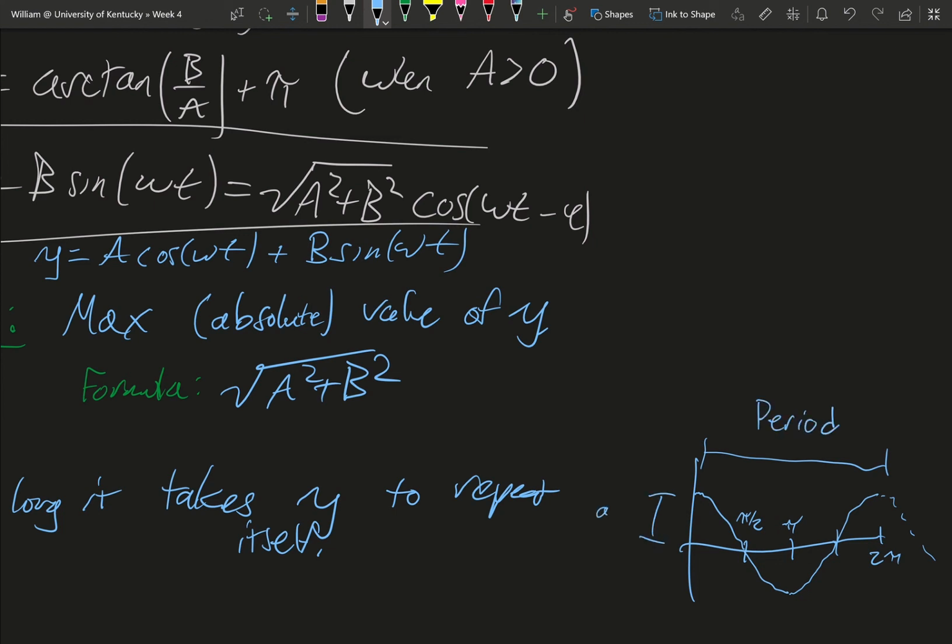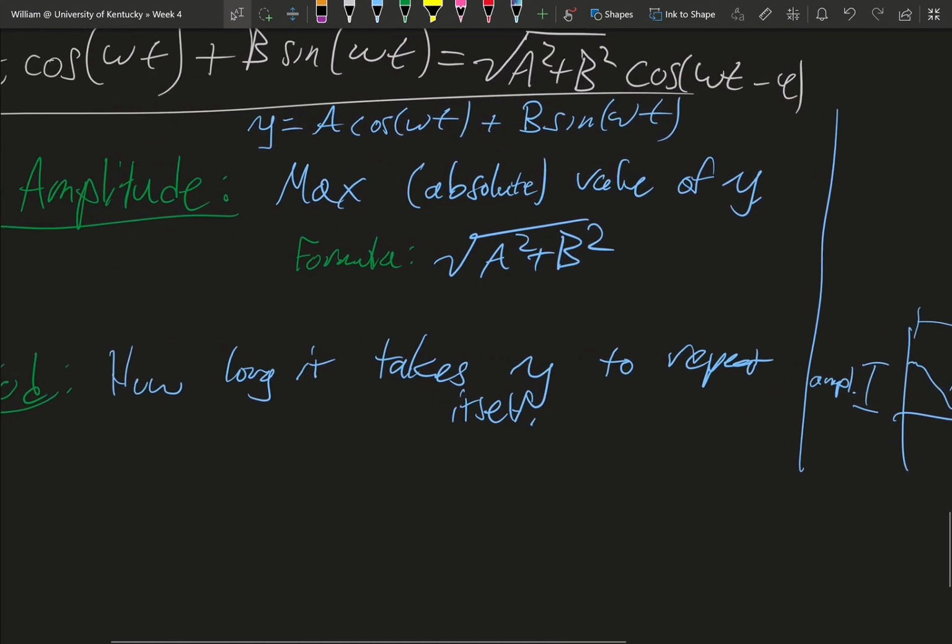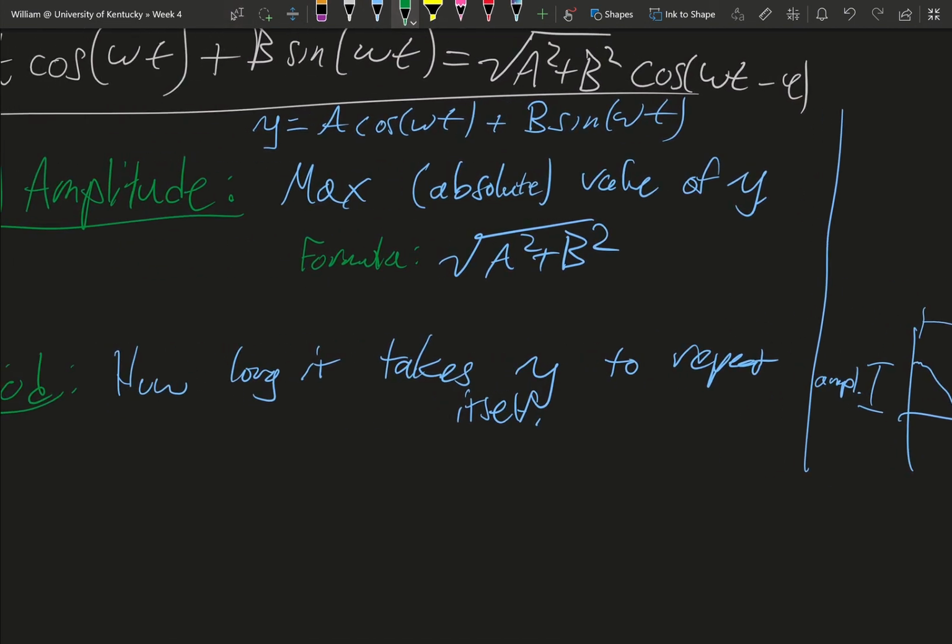Similarly, amplitude is the height. And if I have this omega here, if omega is 1, I'm going to have a period of 2 pi. Otherwise, my formula for period is going to be 2 pi over omega.